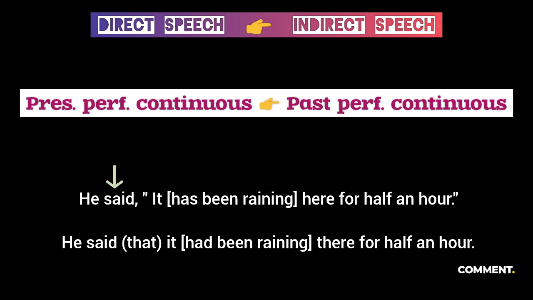Now, the reporting verb said is in the past tense, and the reported verb in the direct narration, has been raining, is in the present perfect continuous tense. So, in the indirect narration, according to the backshifting rules, we will use the reported verb in the past perfect continuous tense. He said that it had been raining there for half an hour. Please notice that the adverb here is changed as there in the indirect narration.